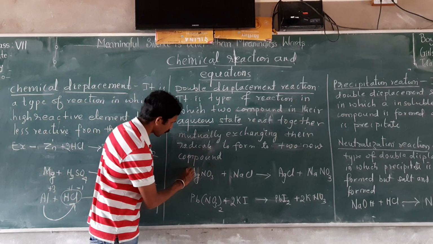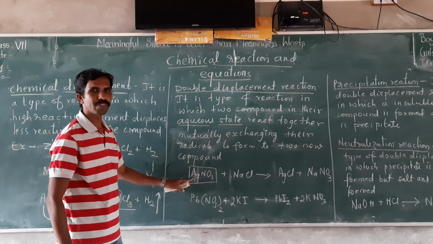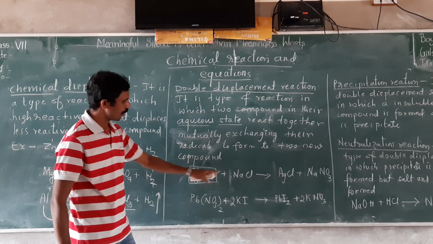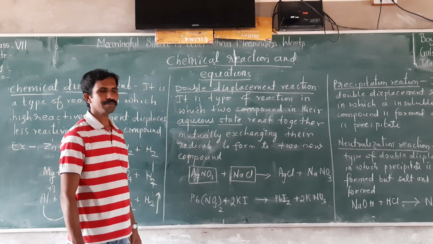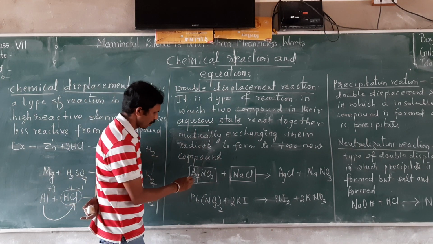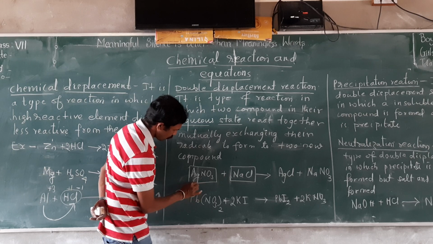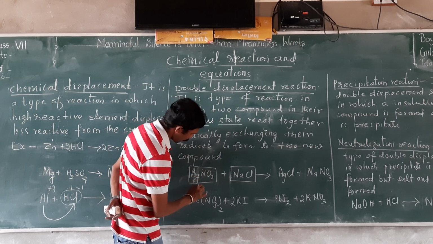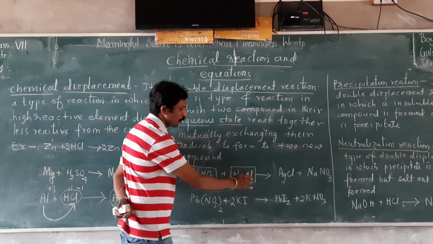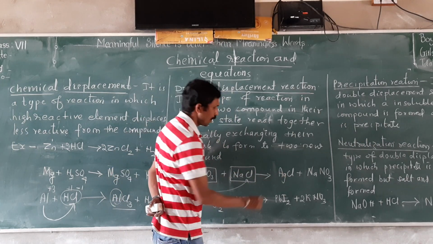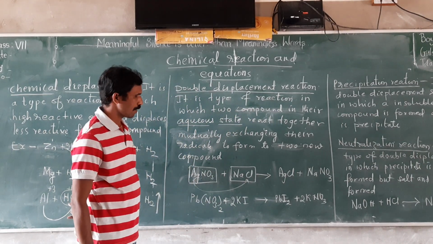Here two compounds are there. One compound is silver nitrate, another is sodium chloride, NaCl. Ag will react with chlorine to form AgCl.